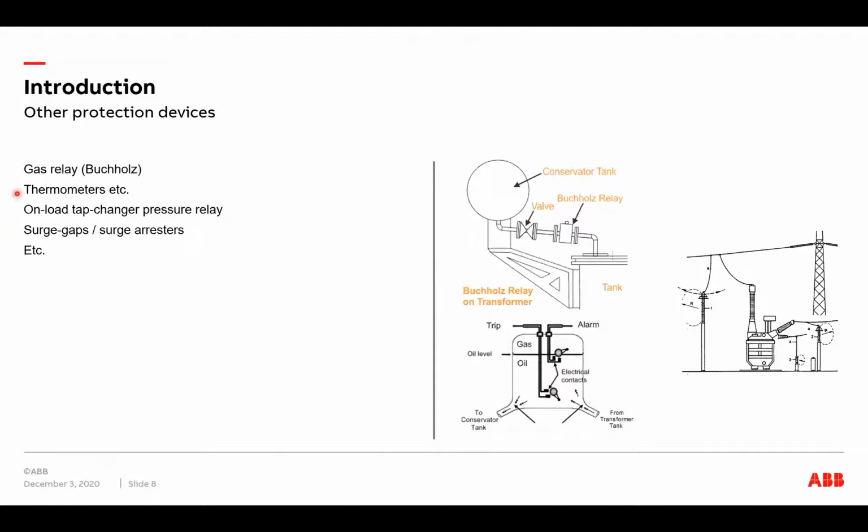More devices we can have are thermometers for measuring the oil temperature or the winding temperature. We can also have an on-load tap changer pressure relay, and for overvoltage situations we have surge caps or surge arresters and so on.